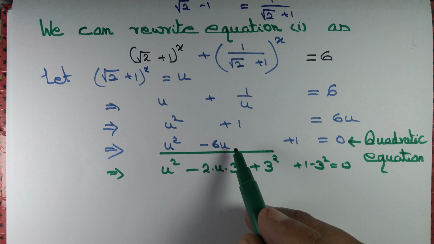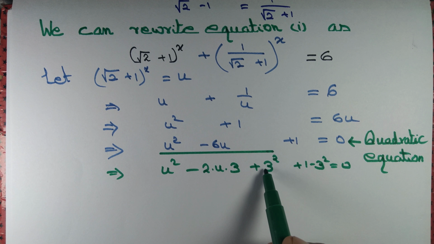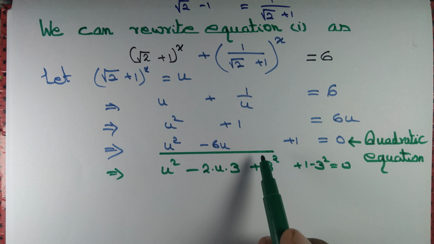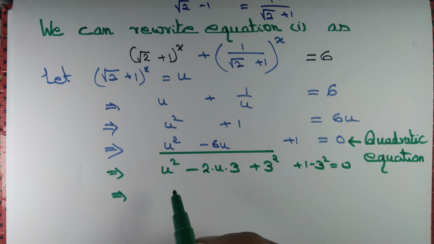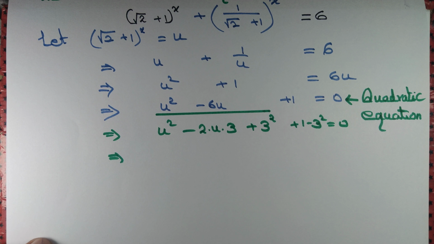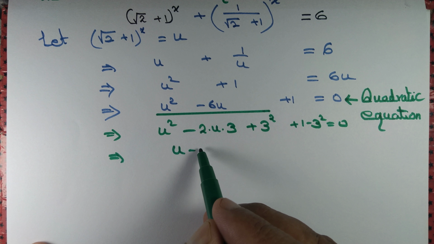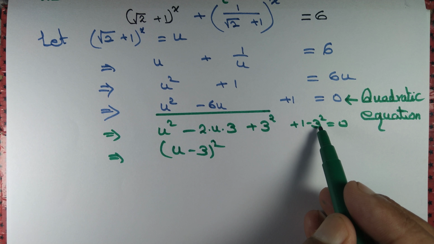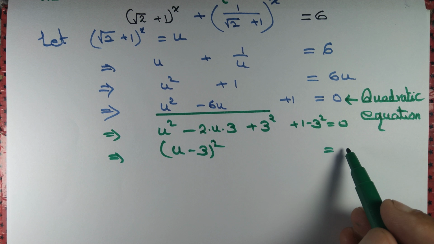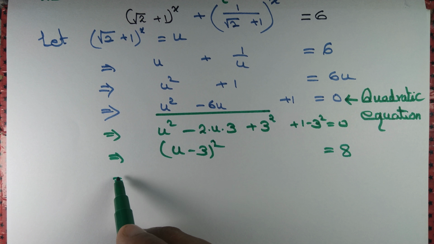Just we are adding and subtracting 9 to the left hand side, and then we can write this expression as (u minus 3) whole square. What about this one? 1 minus 9, that's minus 8, and if we take it to the right hand side it will be plus 8.